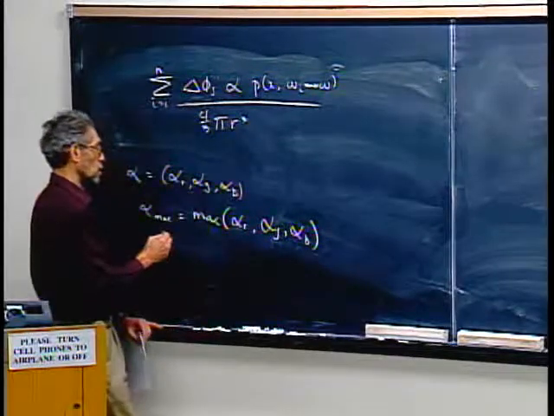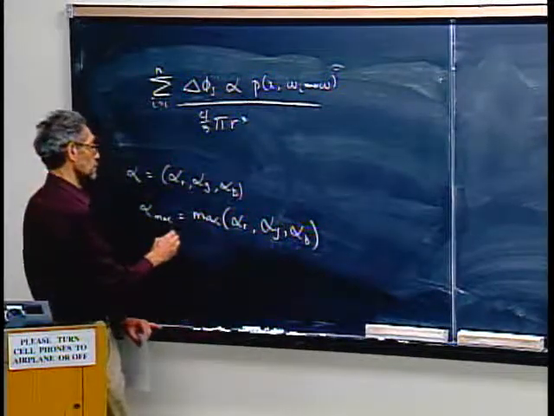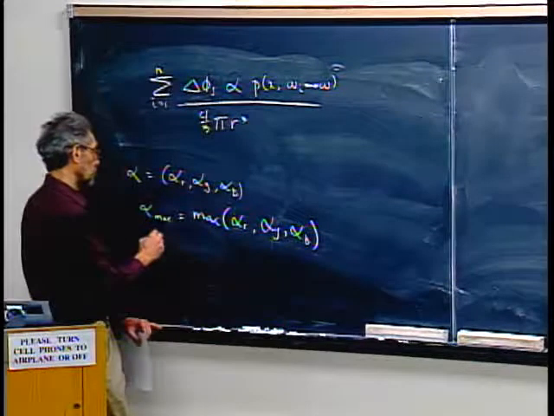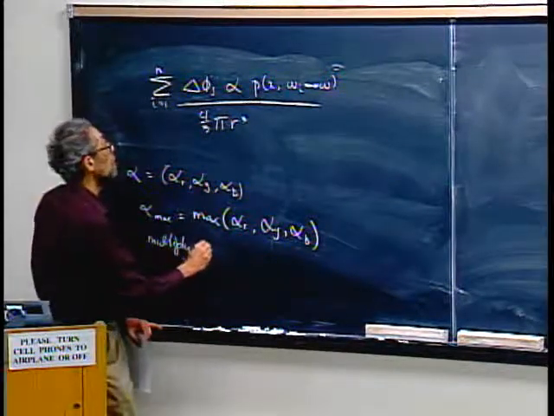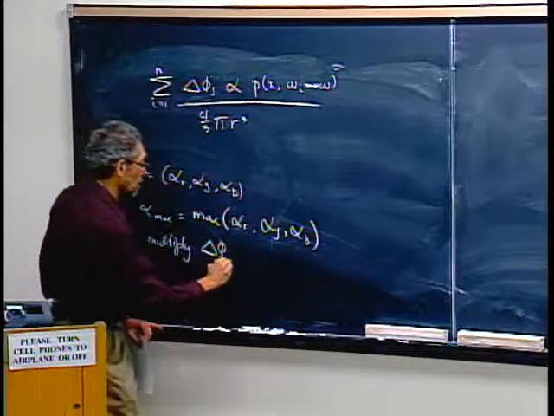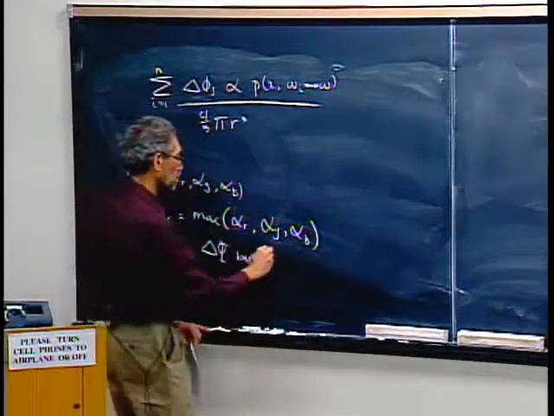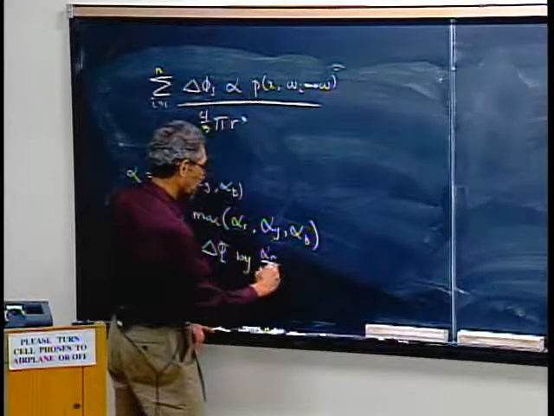And then you multiply the flux by the ratio alpha r to alpha max.